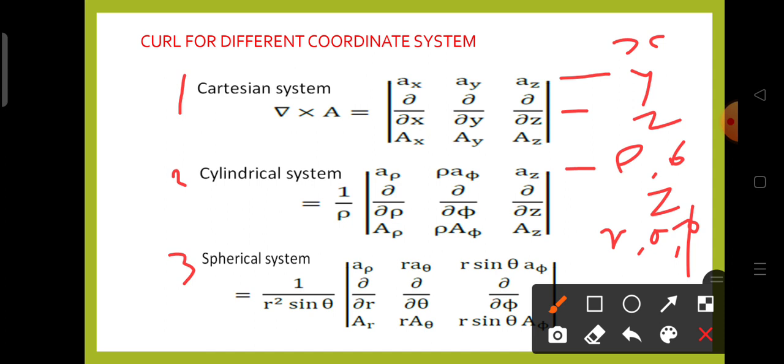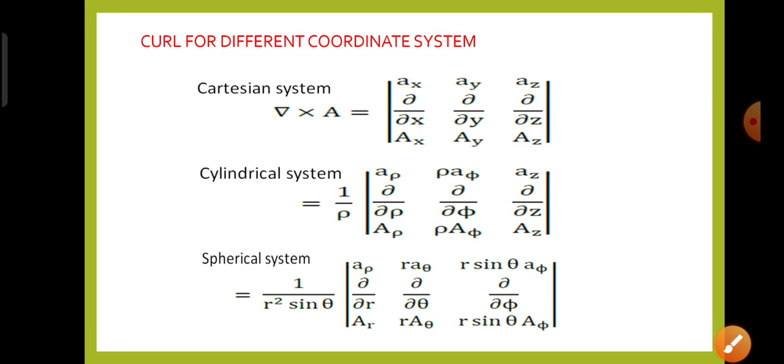Here del by del rho, del by del phi, del by del z. Here del by del r, del by del theta, del by del phi. Then the vector components Ax, Ay, Az. A rho, rho A phi, Az. Here Ar, r A theta, r sin theta A phi.